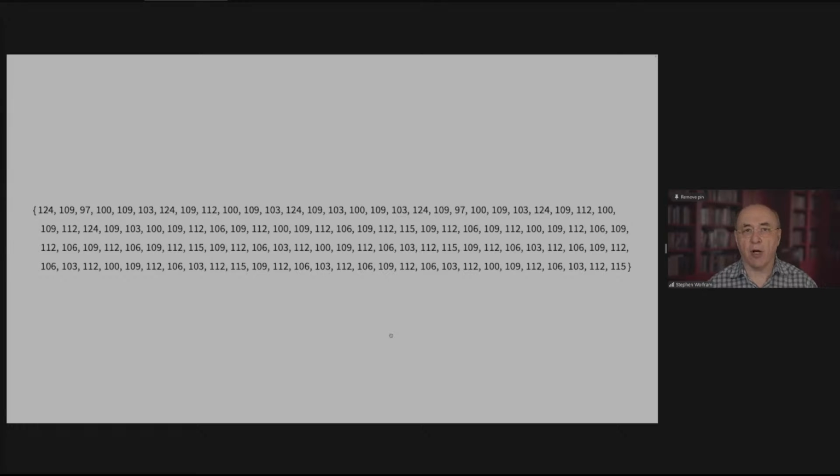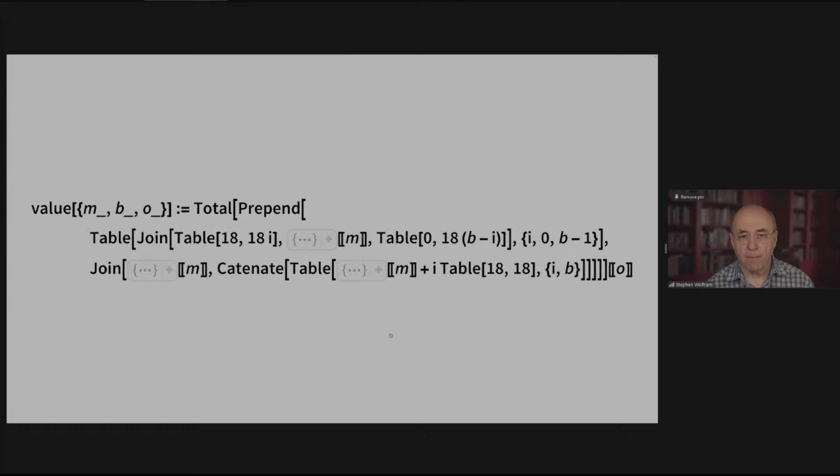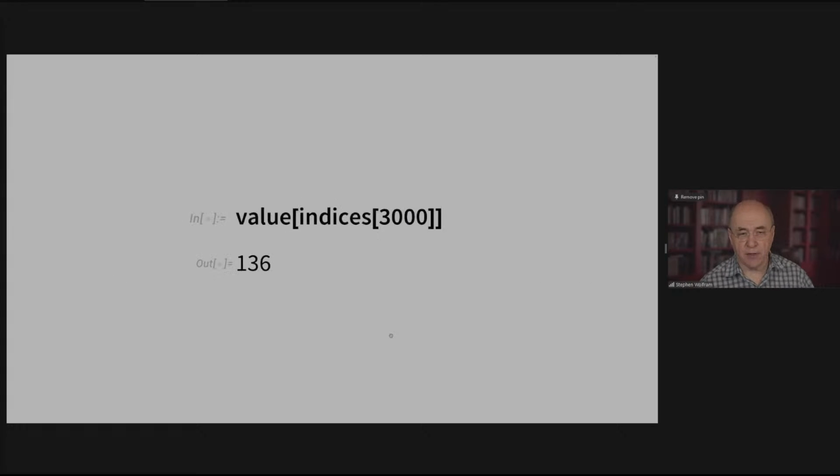But what if we're not dealing with block 0? For example, according to the table that we just were looking at, f of 3000 is determined by mod 3 block 1. Well, it turns out there's a straightforward, if messy, way to compute for any block B, mod M. And that's what it is. We can just use this way of computing to compute the value of, say, f of 3000, effectively just by evaluating a formula.